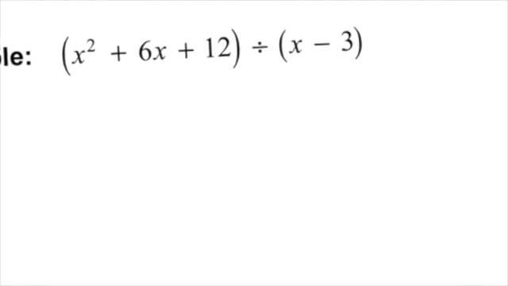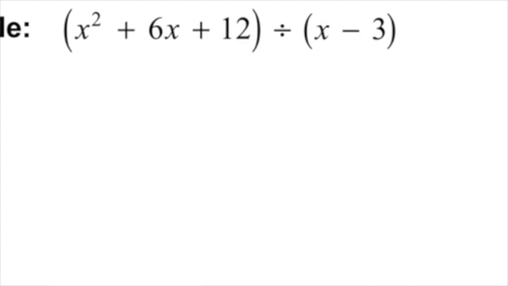So for example, if we look at this example here, long division would be used if I was dividing by something that had a coefficient in front, like maybe a 2x or a 4x. Then you would have to use long division.